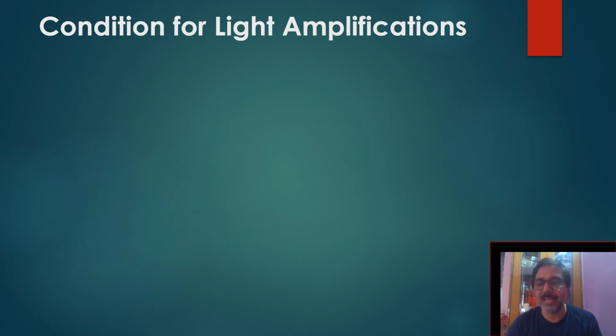We had already seen that in the case of spontaneous emission, we cannot interfere or superimpose these waves, because they are highly incoherent. They are not in phase, they are not time dependent, they are completely random. So photonic energy emitted by spontaneous emission cannot be superimposed. In absorption, there is no case of superposition, because you are giving the energy from outside.